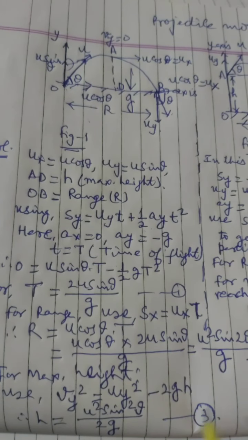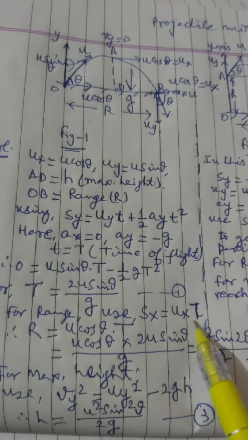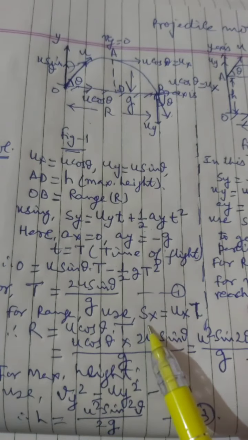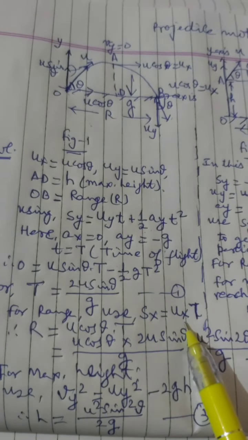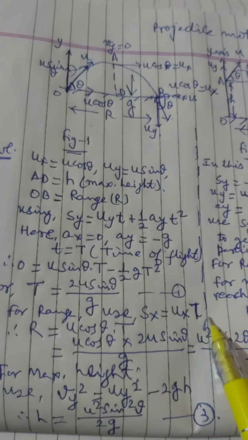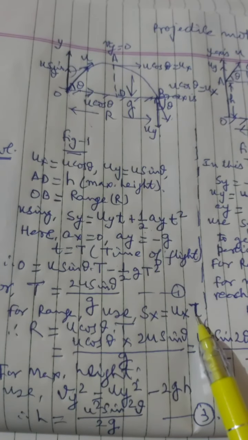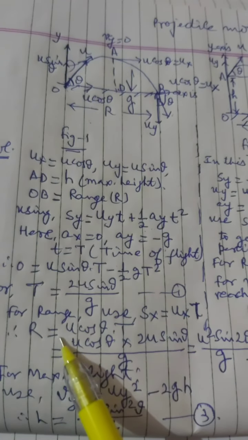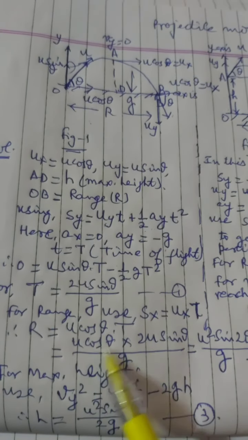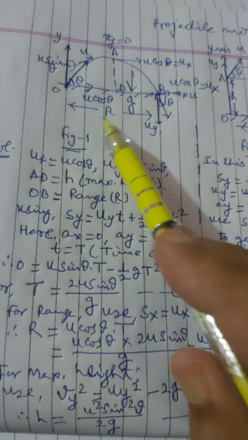For range of projectile, use Sx is equal to uxt, like s is equal to ut plus half at square. So sx is equal to uxt plus half ax into t square, and here t is time of flight. Ax is equal to 0. So sx is equal to R, ux is equal to u cos theta.